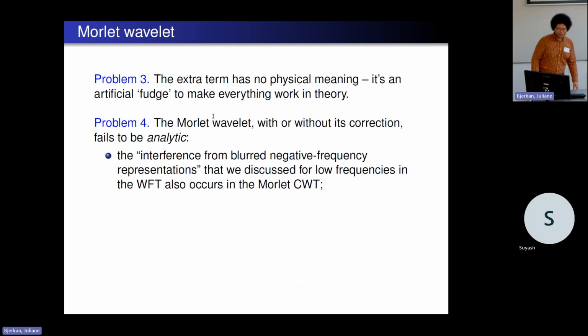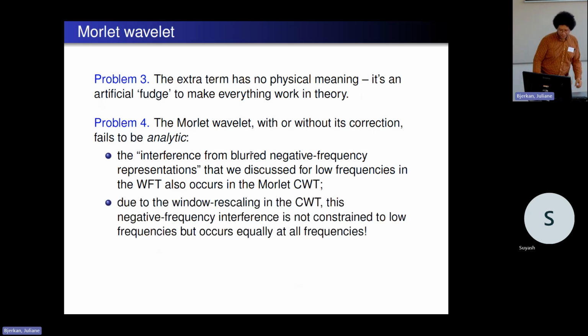So what does that mean? Do you remember I talked about this interference from negative frequencies in the windowed Fourier transform? Well, for a non-analytic wavelet, this interference from negative frequencies also occurs. And not only that, because of this window rescaling in the wavelet transform, this negative frequency interference doesn't just happen when you're looking at low frequencies, but it's carried up through all the frequencies that you might be interested in looking at.